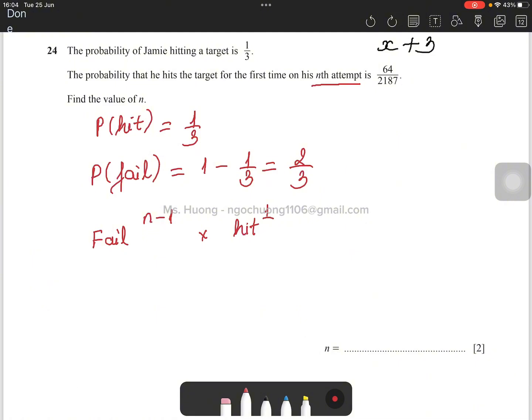And the probability of these two will be 64 over 2,187. So this is the probability that he fails, and this is the probability that he hit it.